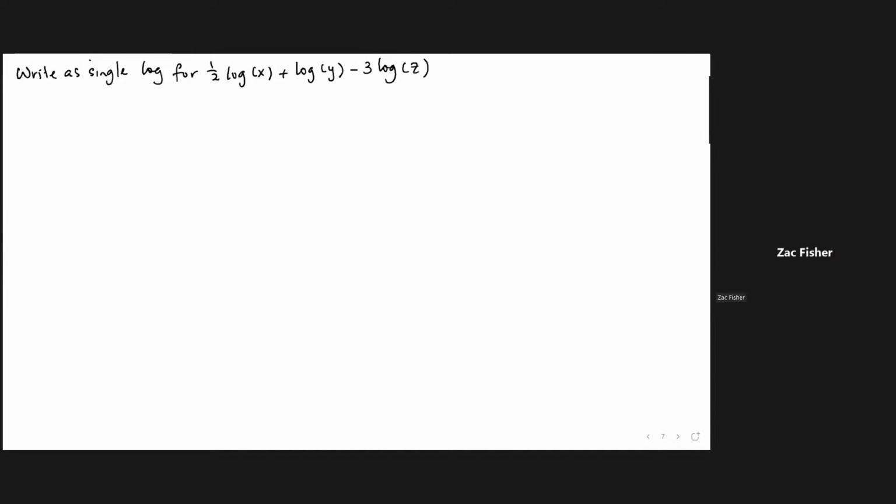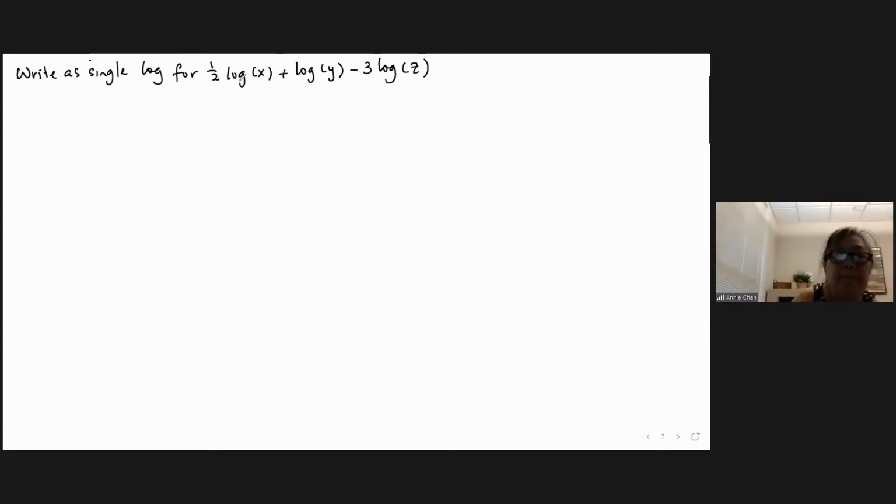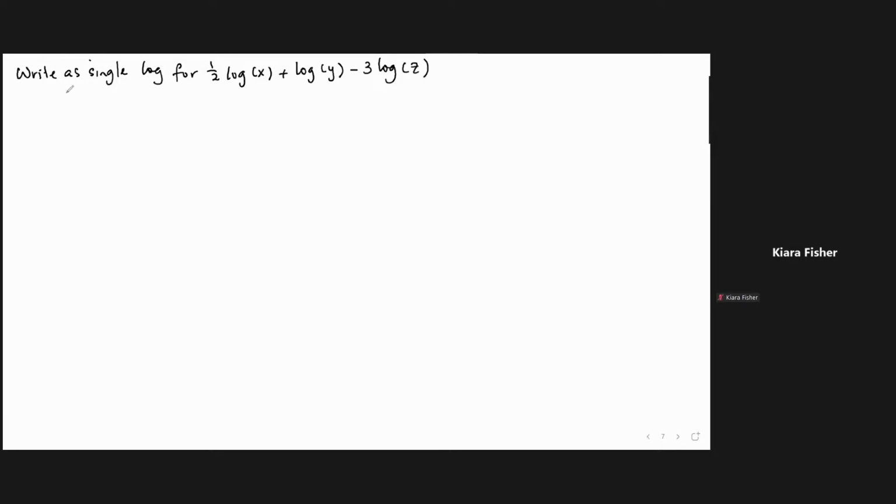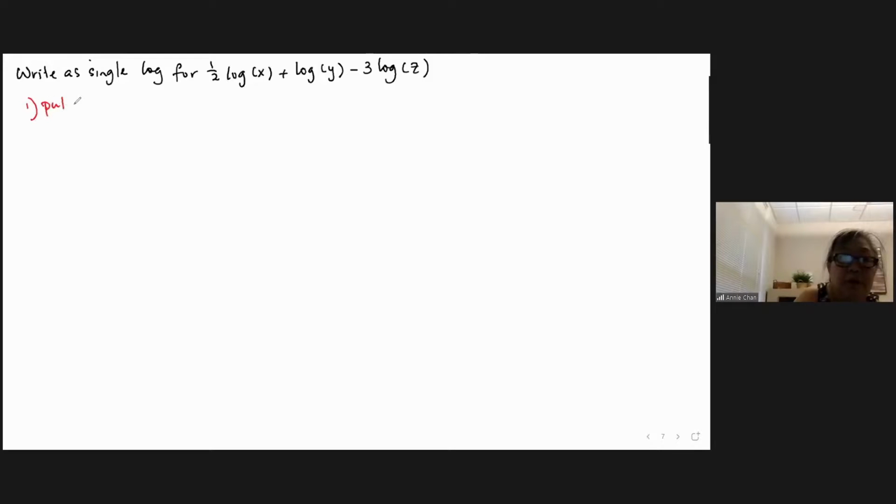Log AB equals log A plus log B. Okay, but before I do that, what should I do? Move the x. Put the exponent back to its place, yes? Because I have coefficients.